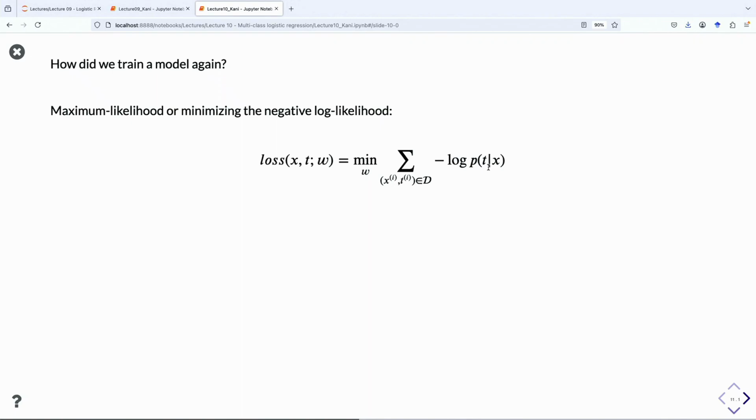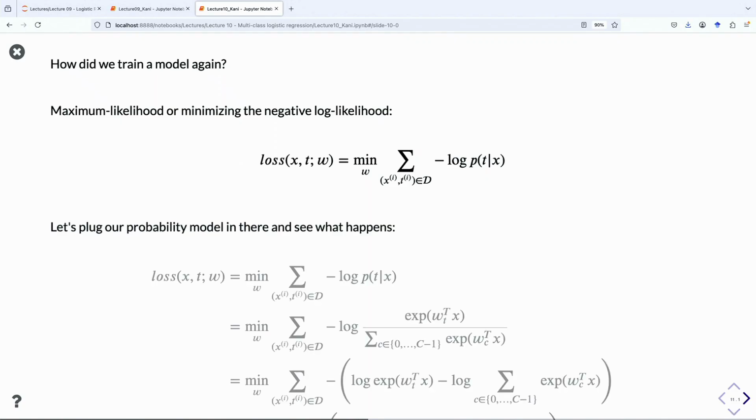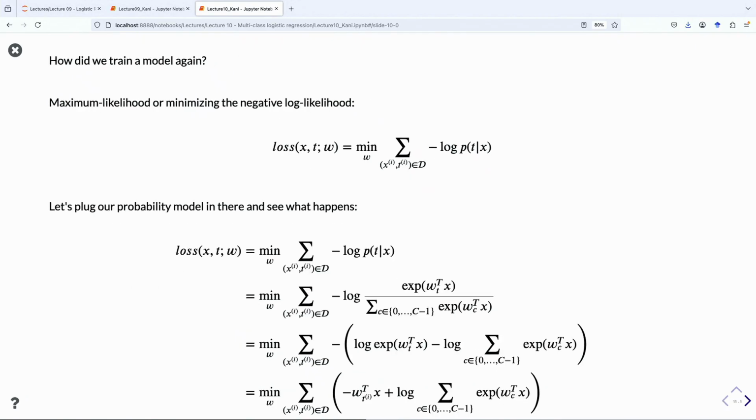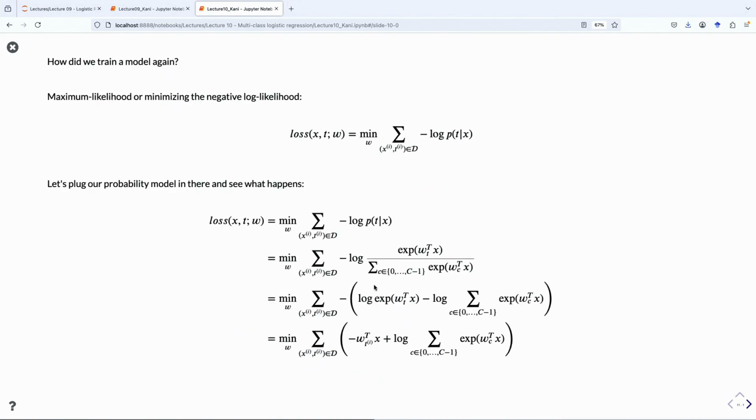It's very similar to cross entropy, except now the probability is equal to the softmax function. Sorry. So now that the probability is equal to the softmax function, we can plug that in. So we have this whole thing inside the negative log, and we want the minimum value of that.